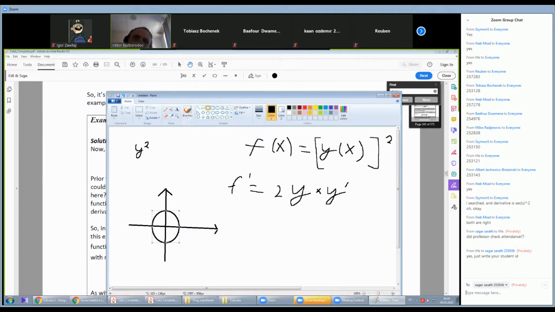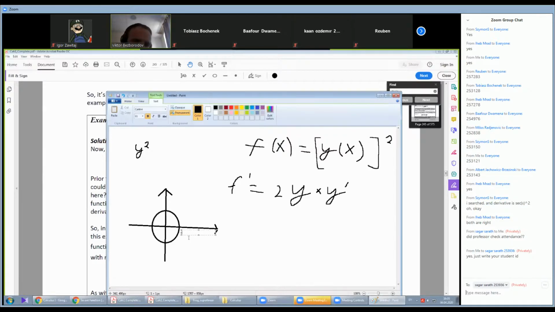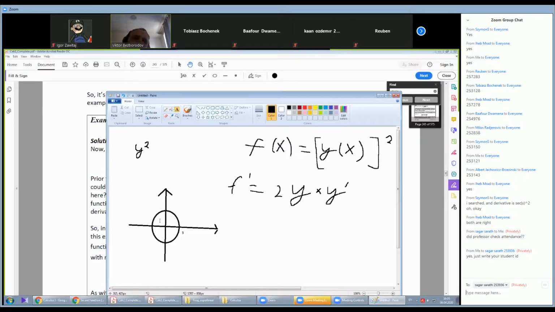Here it's going to be 3, so the radius of the circle is 3.